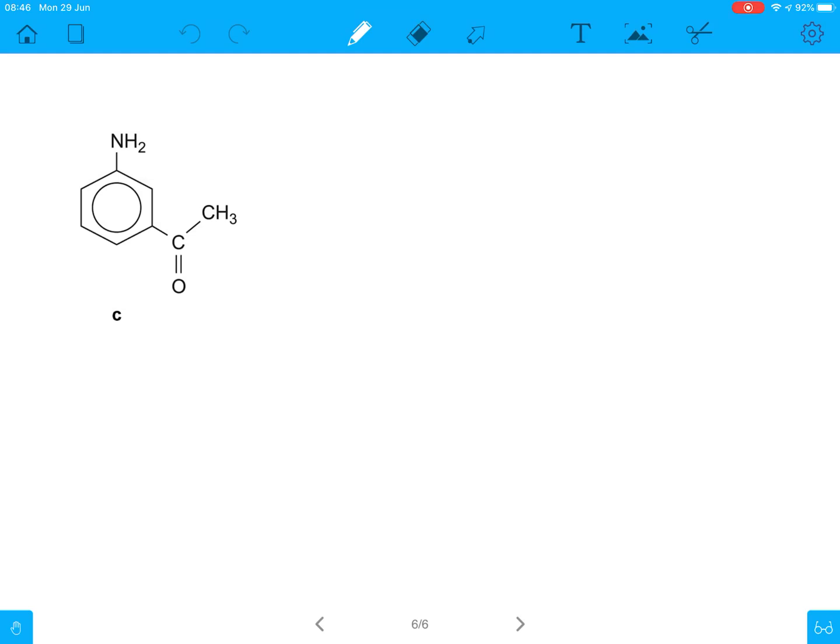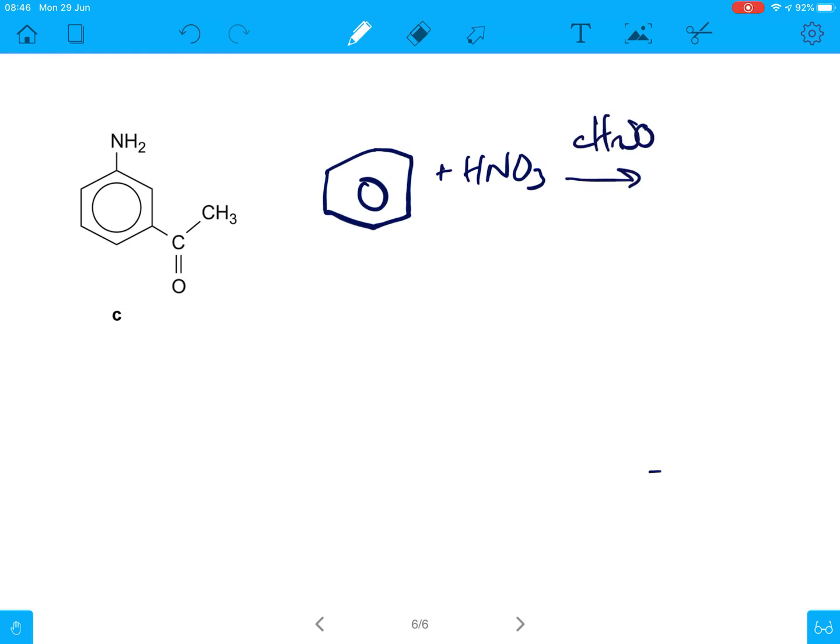So first thing we're going to do is take benzene, and we are going to nitrate it. So we're going to add HNO3 with our conc. sulfuric catalyst, and that is going to give us nitrobenzene. Now NO2 is a 3 directing group, and that is carbon 1, 2, 3.